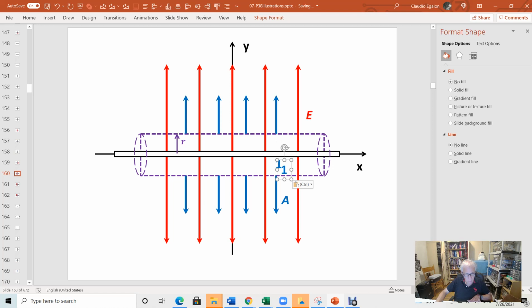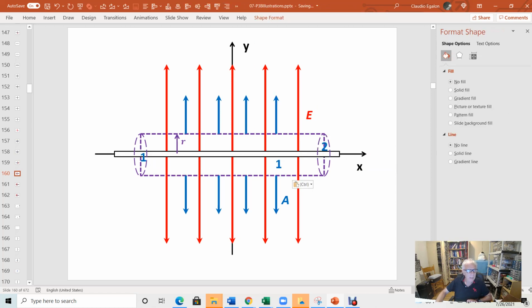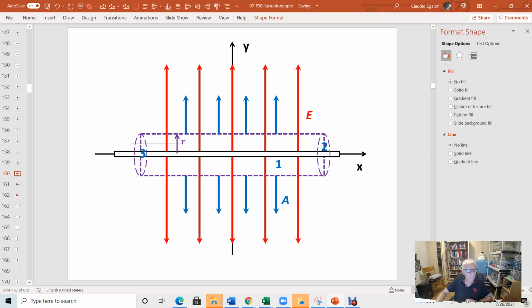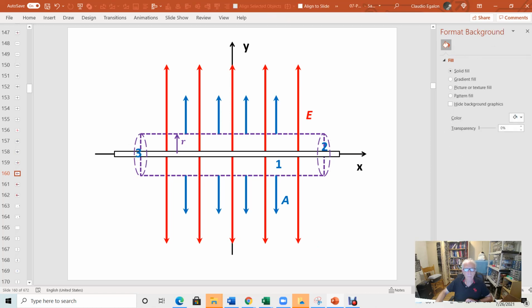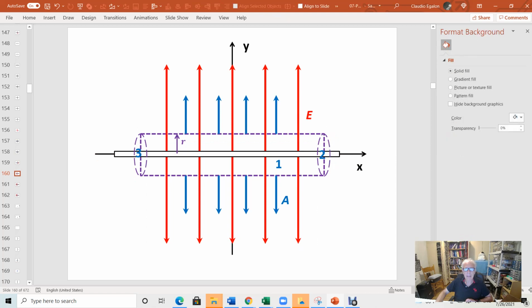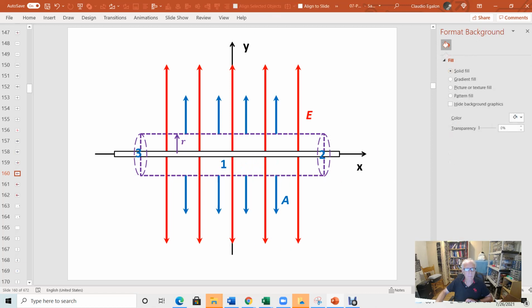The other one on the right side is going to be surface 2, cap 2, and the other one on the left side is going to be my surface 3, cap 3.